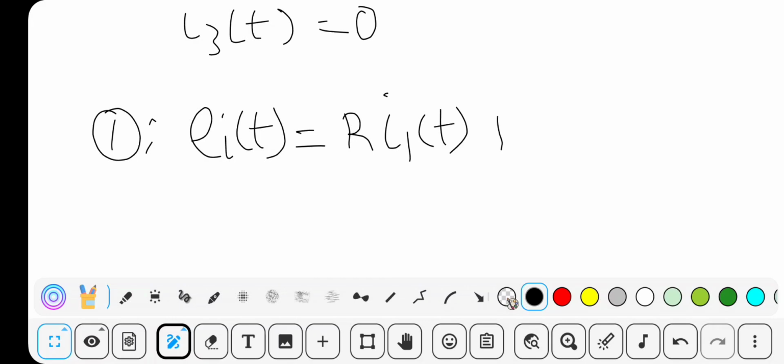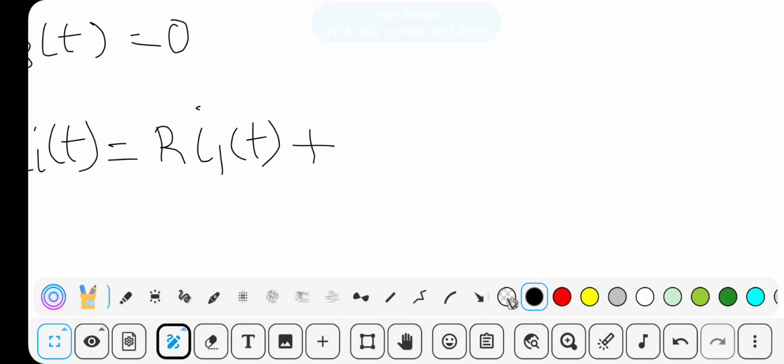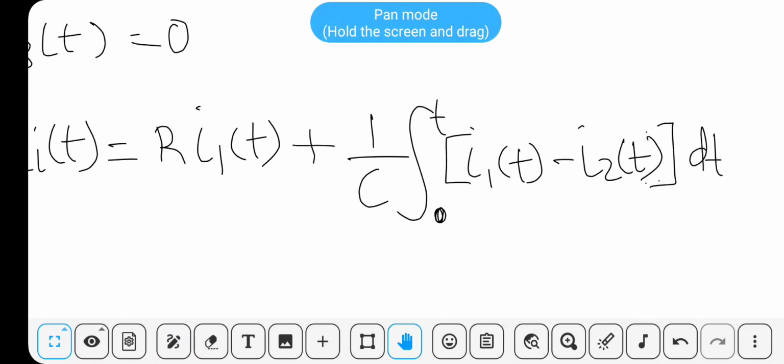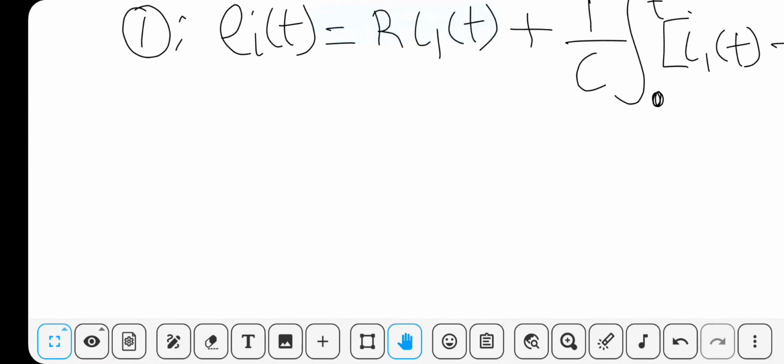This one doesn't change, it's still the same thing because it doesn't have the current I3.